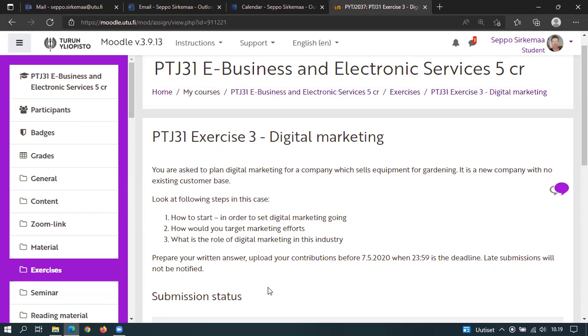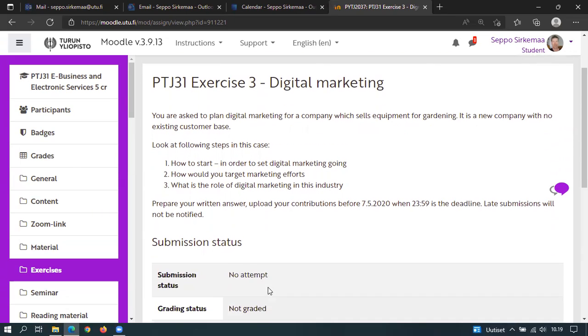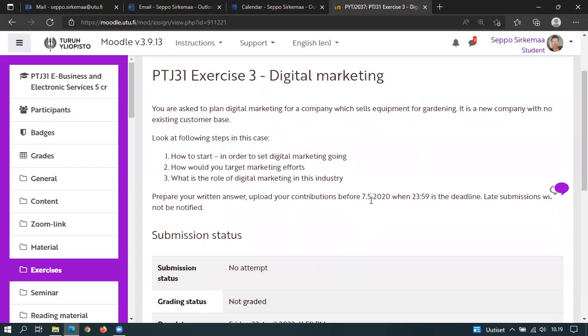So you are supposed to prepare a written answer to these questions, upload your contribution before 7th of, so this date is wrong. I'll have to correct this one. I just opened up these exercises and noticed now that these dates here are not correct. I will correct those ones, no problem whatsoever.